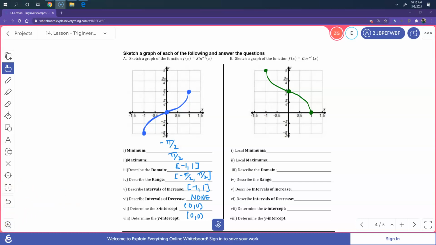For the inverse cosine, remember it's capital C, so the domain is restricted. So therefore, we have a local min. In this case, the local min is 0. The local max is pi. The domain is going to be from -1 to 1.